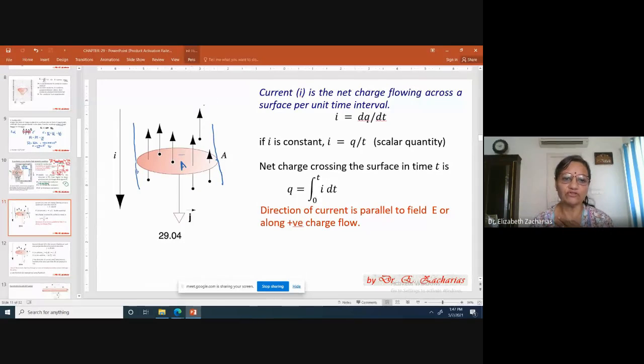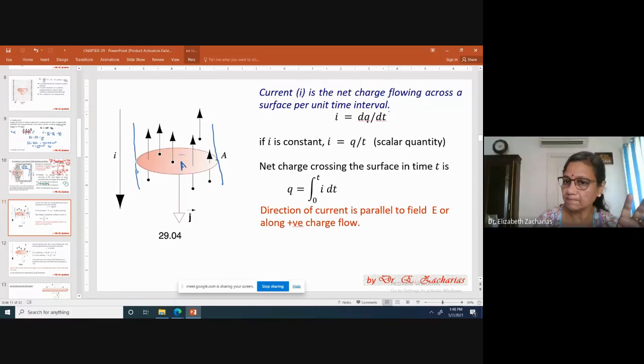If A is the area of cross section, and if the number of electrons cutting through is uniform for this entire area, then my current is the amount of charge crossing that area in 1 second. Mathematically, you write it as I equal to dq by dt.